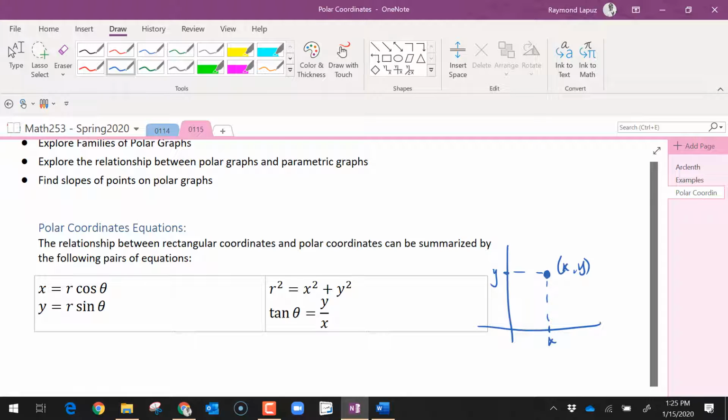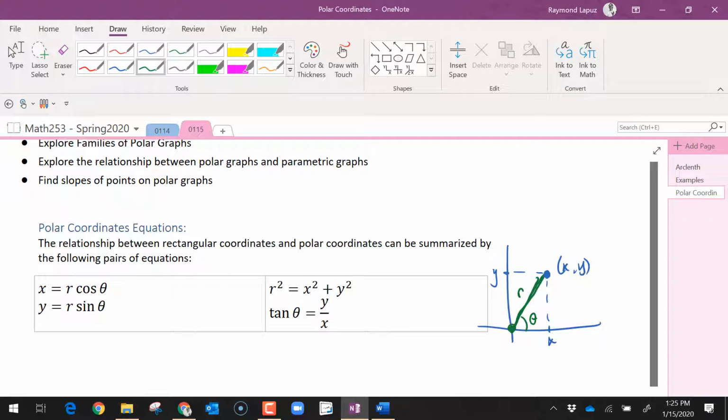The way we're going to measure this in polar coordinates is that we introduce two new variables, r and theta. r is a radial distance, a distance from the origin to whatever point you're at. And theta would be the angle from the positive x-axis up to the ray that makes that line, the length of r.